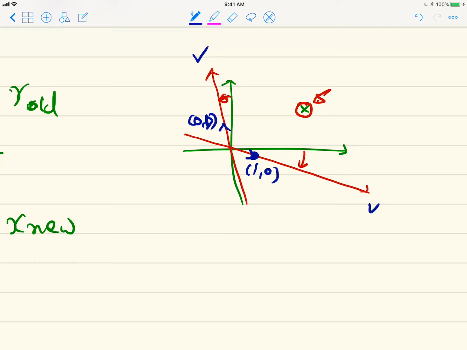Okay, and then in order to obtain the coordinate of this point using the new two axes, we have to form now this kind of parallelogram.